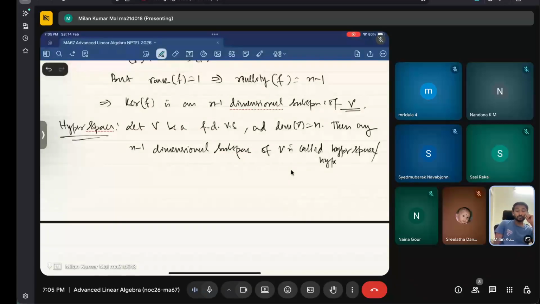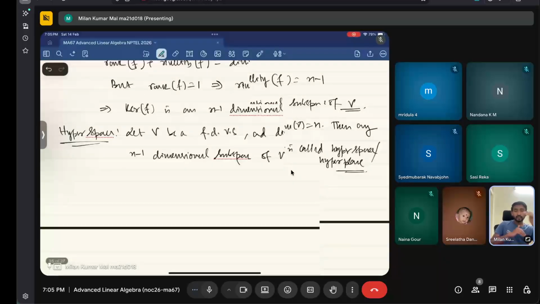So what I am trying to say is, if you have a non-zero linear functional, you will get a hyperplane, which is nothing but the kernel of f, and vice versa. If you have a hyperplane or hyperspace, you will get a non-zero linear functional. This is a fact.